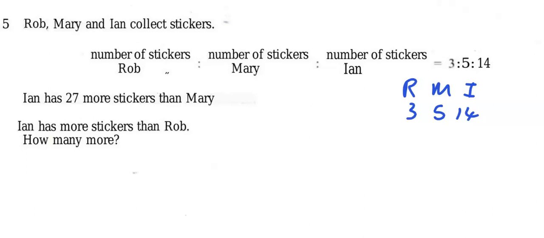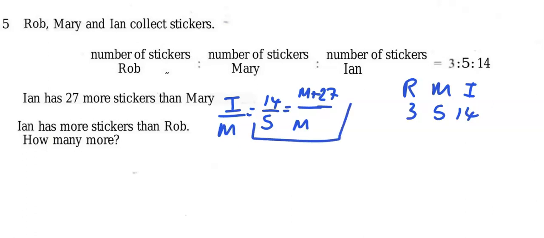How many more? So Ian divided by Mary, if you look at the numbers in the ratio, is 14/5. Mary is m and Ian is m plus 27. So if I take this bit here and I multiply both sides by m, I get 14m over 5 equals m plus 27.